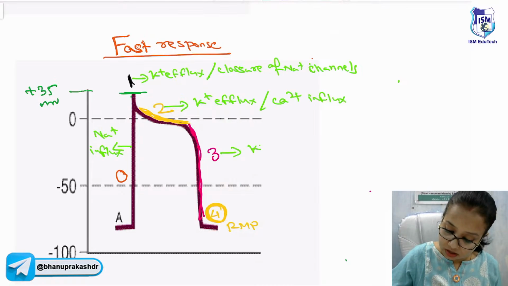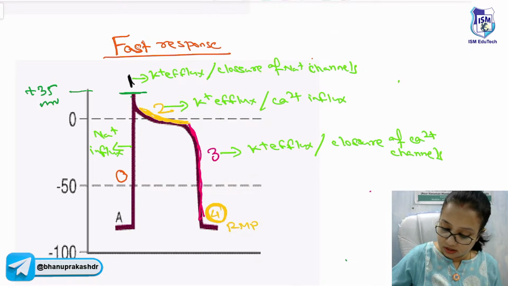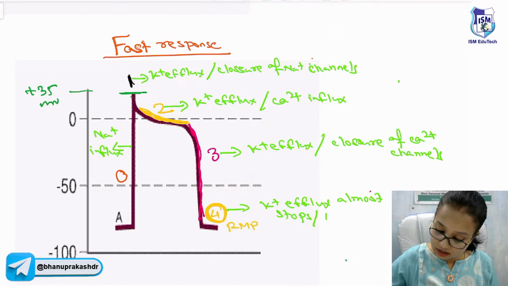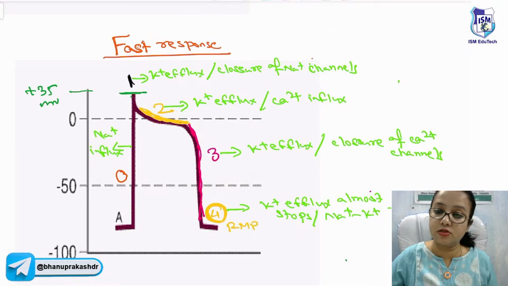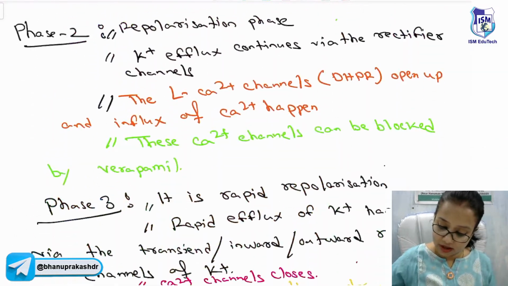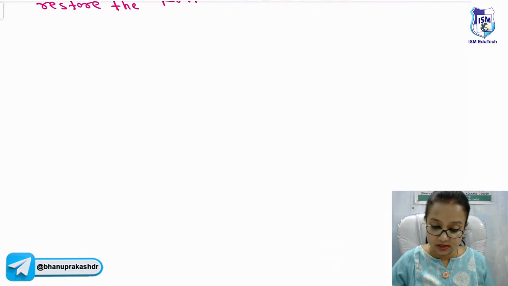Third, what is happening? Potassium efflux and closure of calcium channels. Here, potassium efflux almost stops and sodium potassium ATPase acts to bring the resting membrane potential back to normal. These are the events that are happening in the fast response.